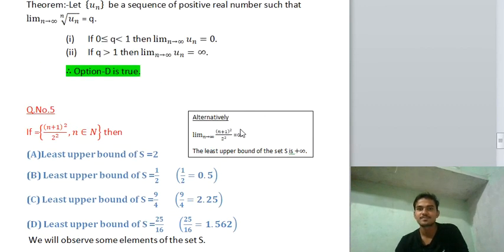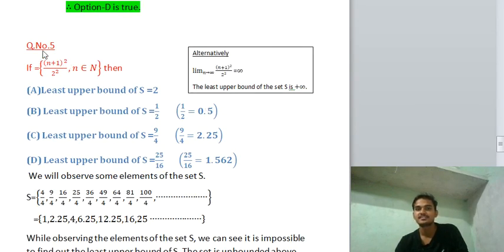We can also see that this is a sequence, and if the limit of a sequence is infinity, then the set is unbounded above, and the supremum or LUB is undefined. This is plus infinity.